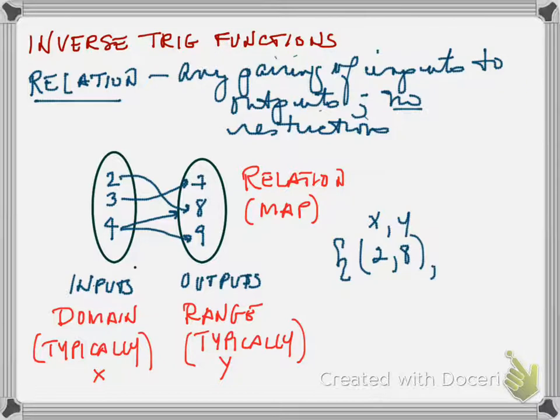Continuing down, we'd have the ordered pair 3, 7, 4, 8, and 4, 9. A different way to represent the same relation. We use ordered pairs a lot in this class to try and explain what is going on behind the scenes with any type of function, because you can clearly see the inputs and the outputs and how they go together.